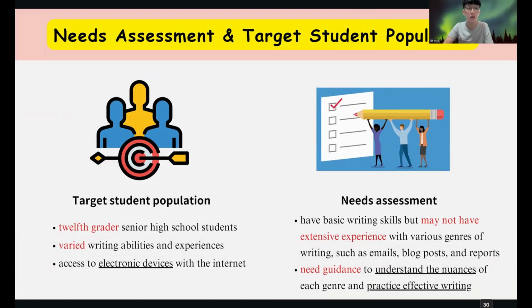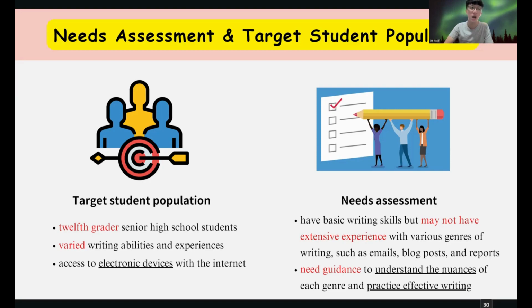Because most of the time, English teachers will cultivate students' ability to write academic essays, for example, contrast and comparison essays, expository essays, argumentative essays, etc. So they will have less opportunity to practice email writing, blog post writing, and graph reports writing.